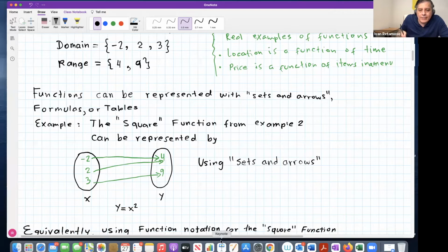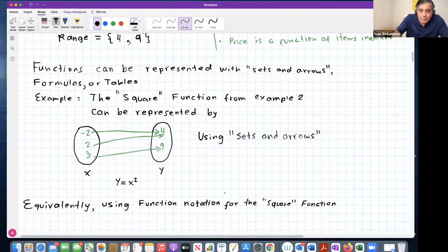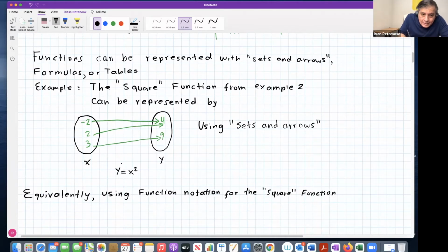Is the representation of the rule for this function, right? Yeah, great. Now, rule, professor. Yeah, this is representing what I said, right? Square the inputs to get the output. So this is called a rule.